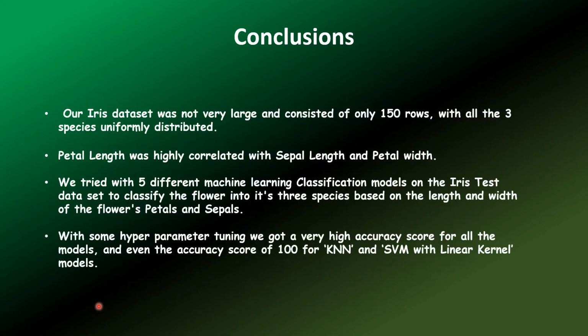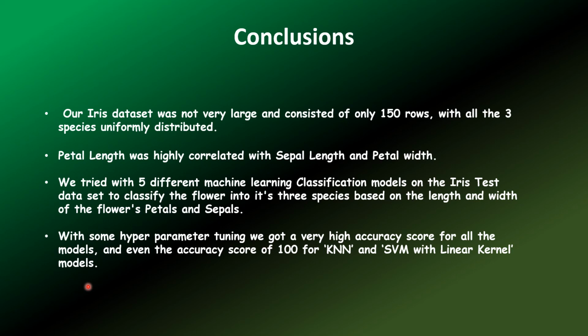So in the end, let's conclude our observations and results from our analysis. So our iris dataset was not a very huge dataset. It consisted only of 150 rows and 6 columns, and all the three species were equally distributed uniformly in the dataset. That is 50 rows for each. Then the petal length was highly correlated with the sepal length and petal width features.